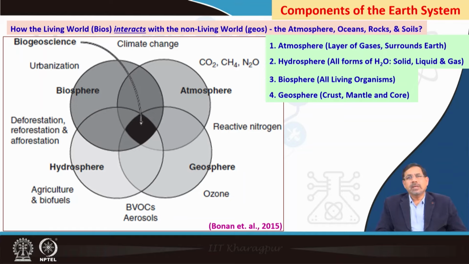And then coming to the lower left is the hydrosphere. In hydrosphere, as the term indicates, it is an interaction or an exchange among and between the 3 forms of water. So water changes from liquid to solid to gas and vice versa.